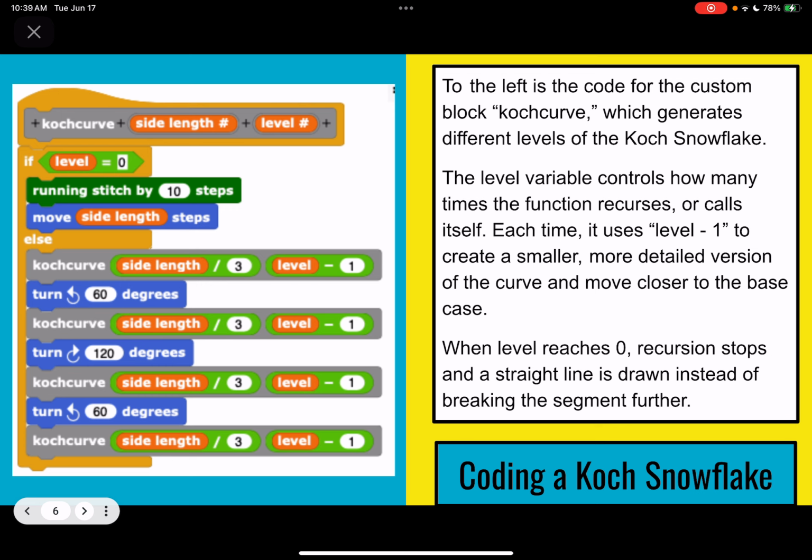It turns left 60 degrees and finishes with one last Koch curve call. Each time this happens, the straight line is replaced by the 4-segment self-similar shape of the Koch snowflake, scaled down to 1/3 the size of the previous segment. As the recursion level increases, the pattern becomes more detailed and more fractal-like.